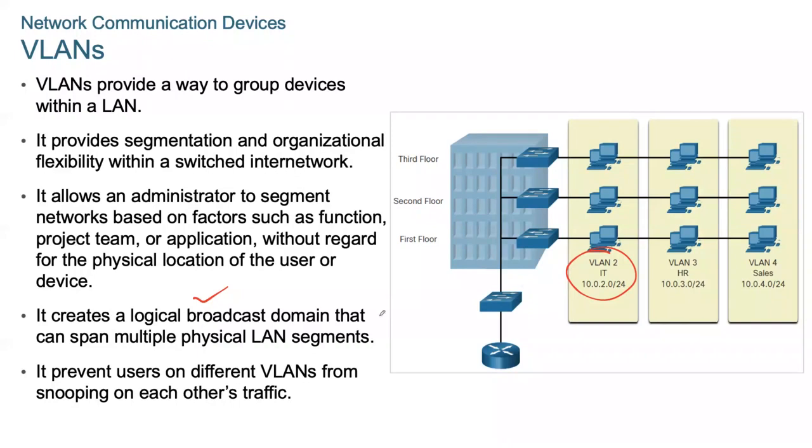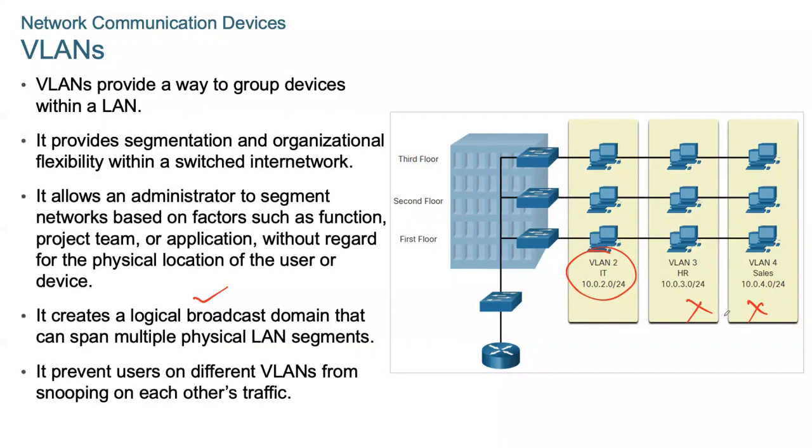If a device in one virtual LAN sends a broadcast Ethernet frame, then all devices in that virtual LAN receive the frame, but devices in other virtual LANs do not. These VLANs also prevent users on different VLANs from snooping on each other's traffic.